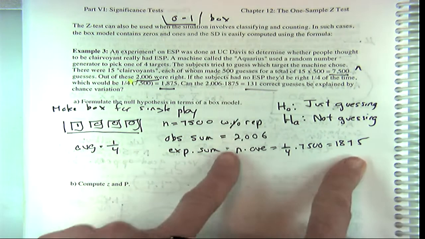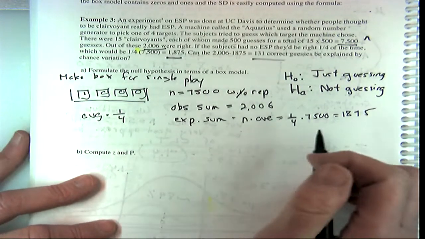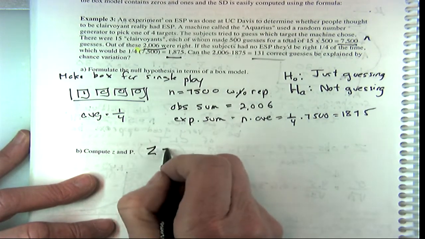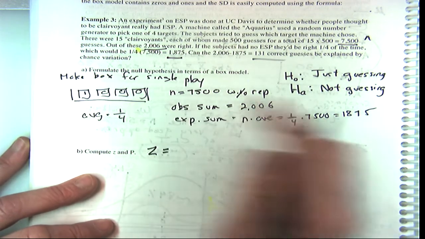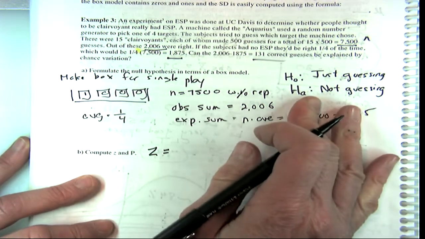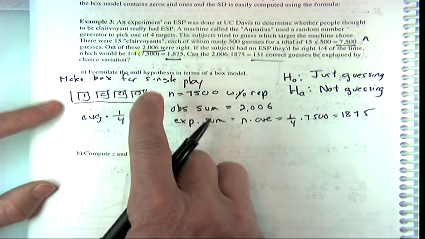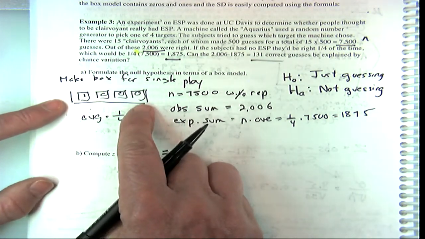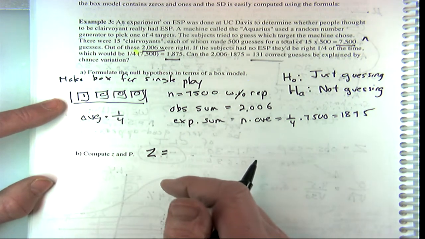All right, so the difference between them is what we want to judge: is it big or small? We're going to do a Z, because there's no possibility of doing a T here. The box isn't normal, and the standard deviation we can figure out directly from the average.